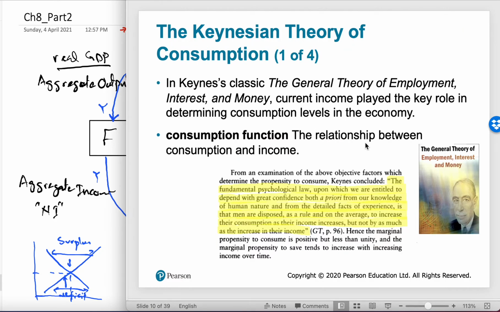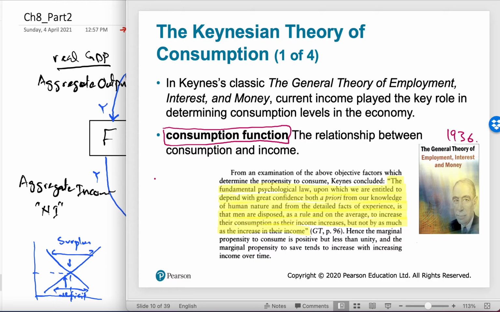So what is this model known as, the basic Keynesian model? Keynes' classic book is called The General Theory of Employment, Interest, and Money, and he published his book in 1936, as I said before, 1936. And in this model, he tried to explain how consumption behaves, the consumption function.